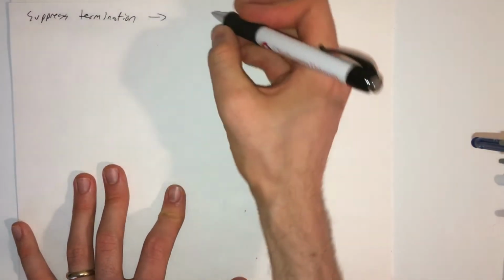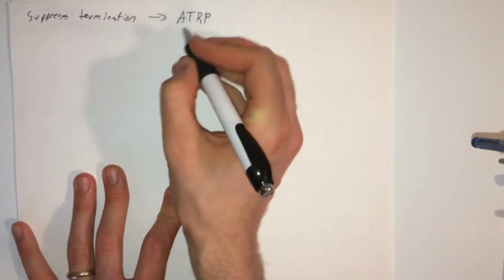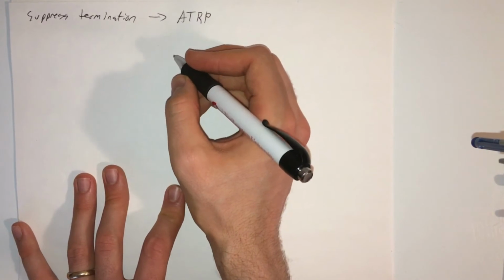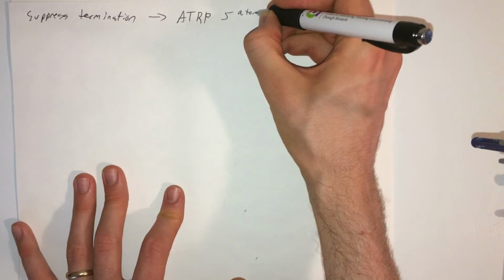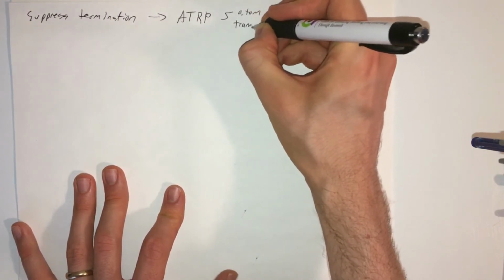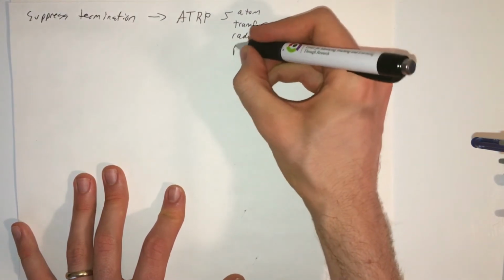Spoiler alert, it's going to be through this process called ATRP, or atom transfer radical polymerization.